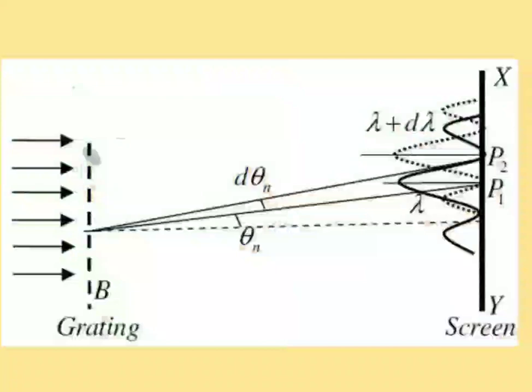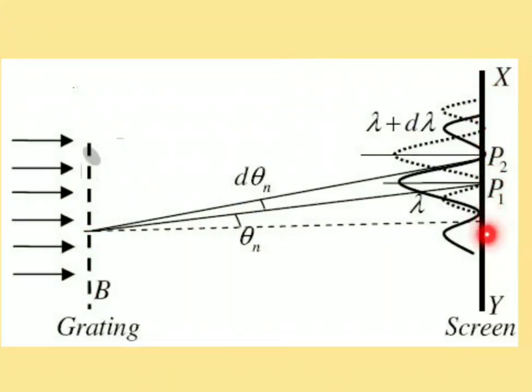So this is the picture. Here it is a monochromatic light. With the help of a convex lens, it can be converted into a parallel beam of rays. Here the dotted lines indicate the grating. Grating, as we already discussed, consists of a number of slits.